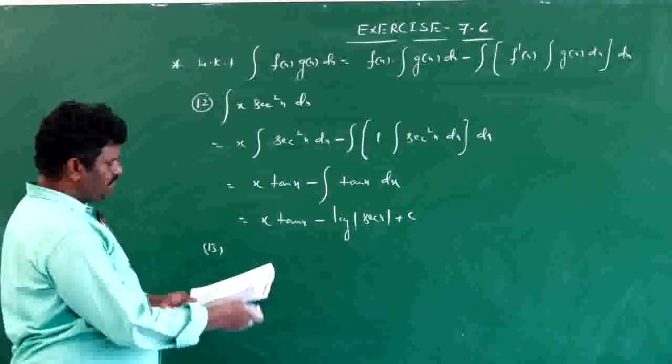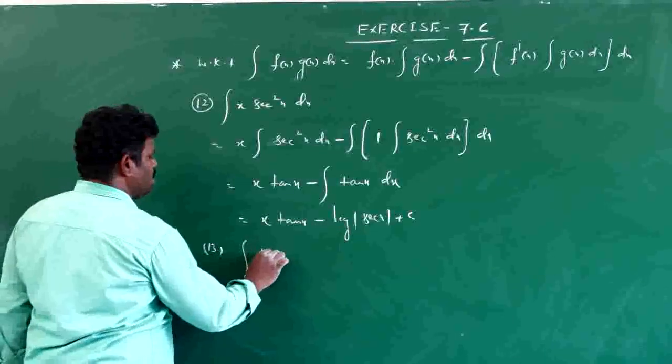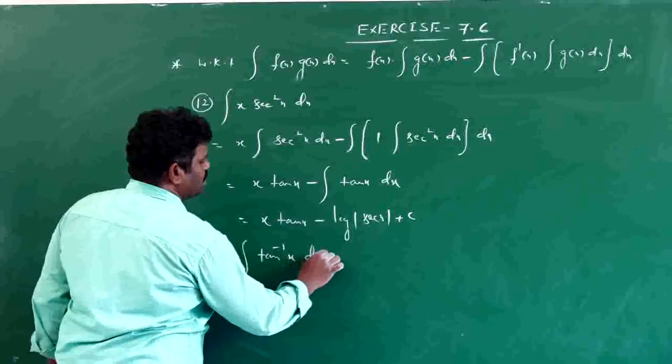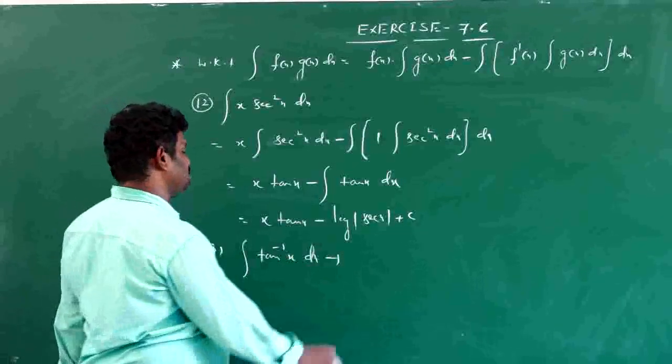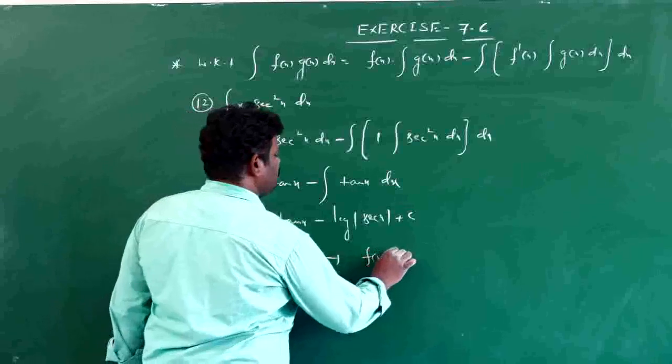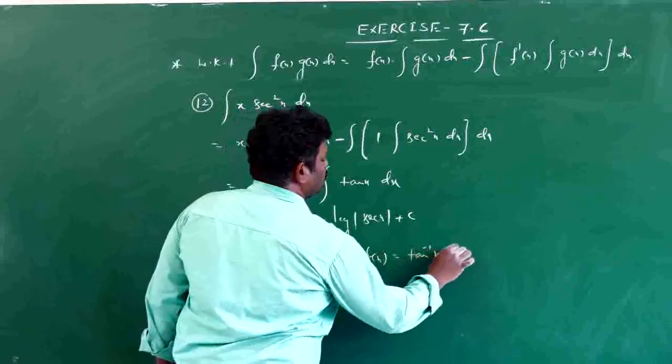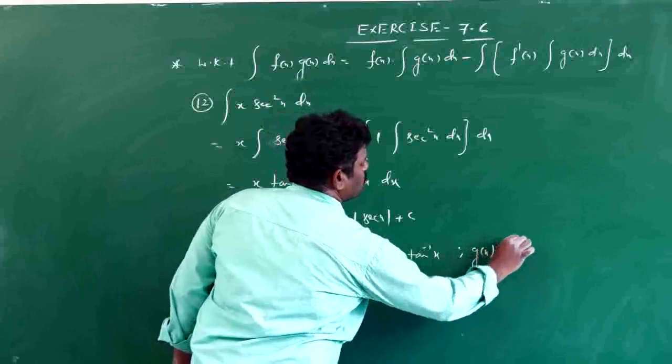Next 13th one. What is given, see ma, integral of only tan inverse x. Here selection, only tan inverse x means f of x is equal to inverse function, first function tan inverse x, and g of x is equal to constant value.